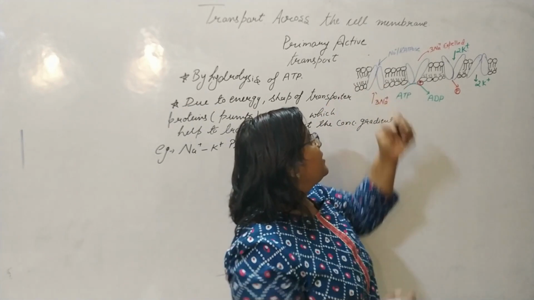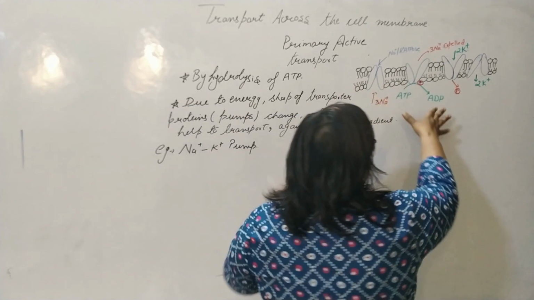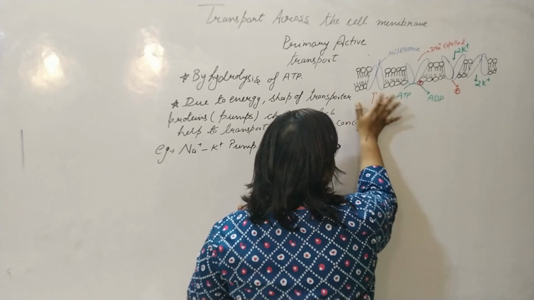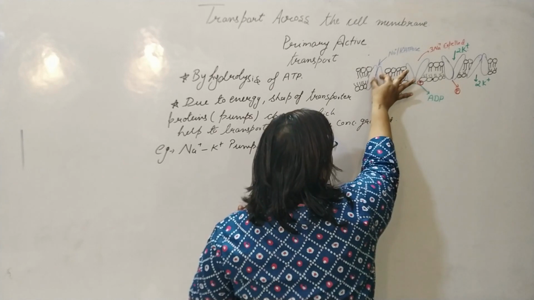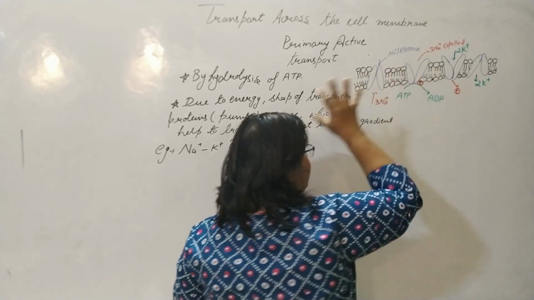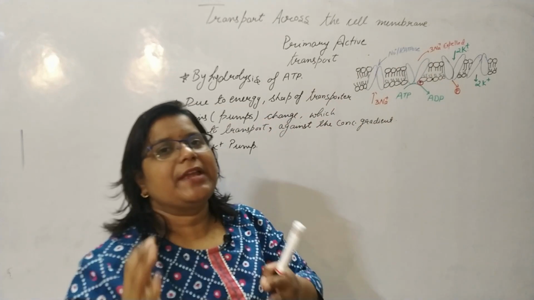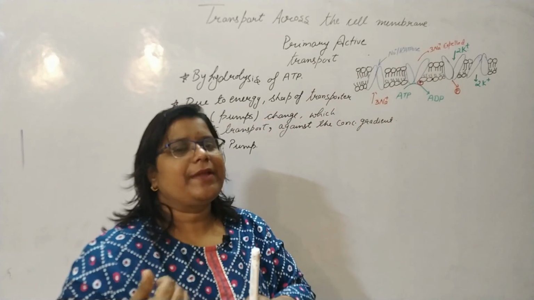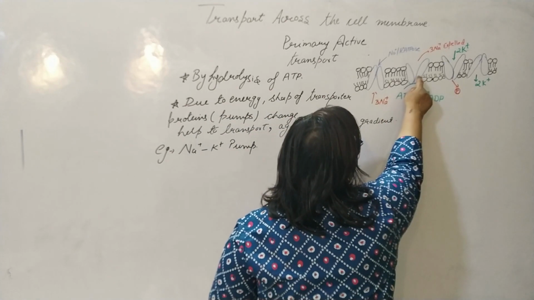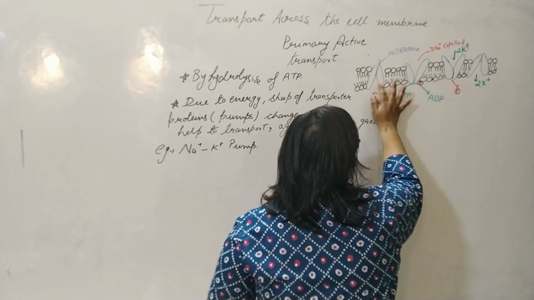I will describe it with the help of this diagram. 3 sodium ions bind with this sodium potassium pump. This sodium potassium pump has sodium potassium ATPase activity, and this ATPase converts ATP into ADP, and the phosphate molecule binds with the pump.